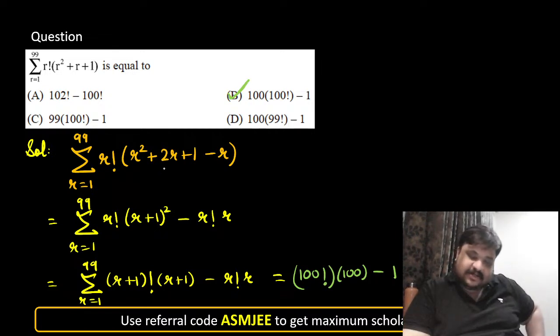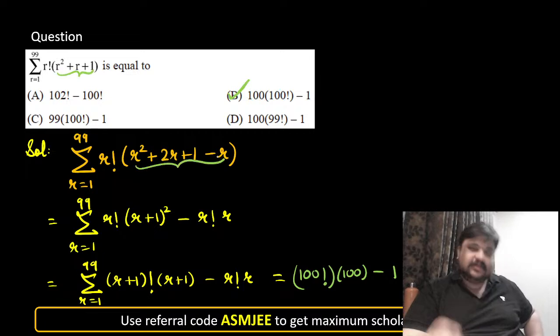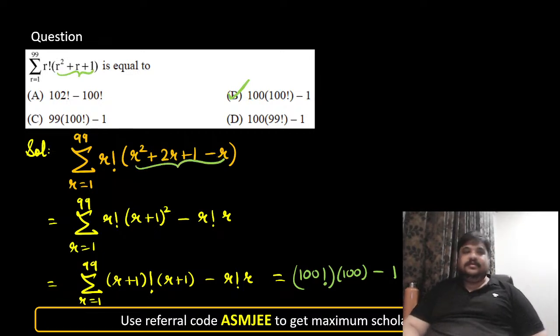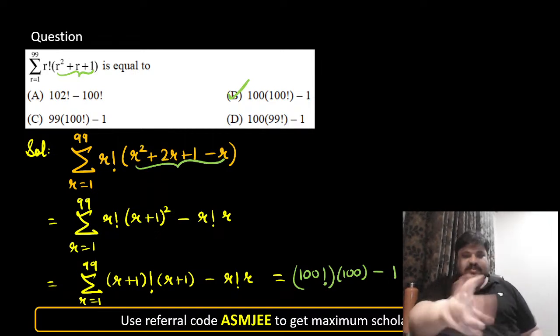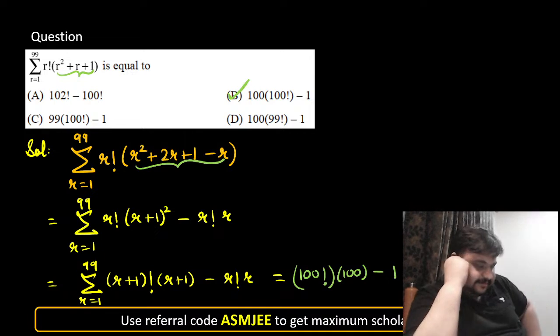So, in writing r square plus r plus 1 in this format, is there a better way we can think of, or was it just a fluke, just adding and subtracting r?